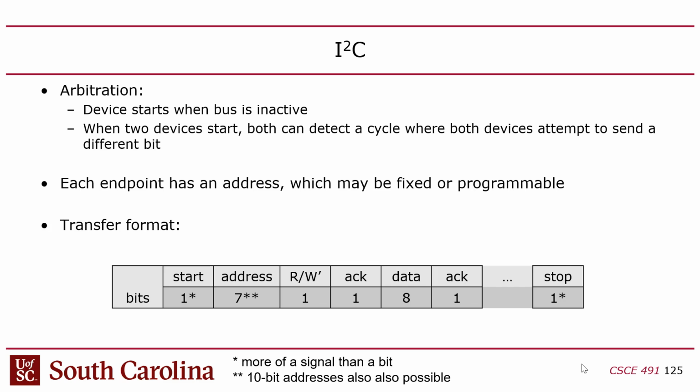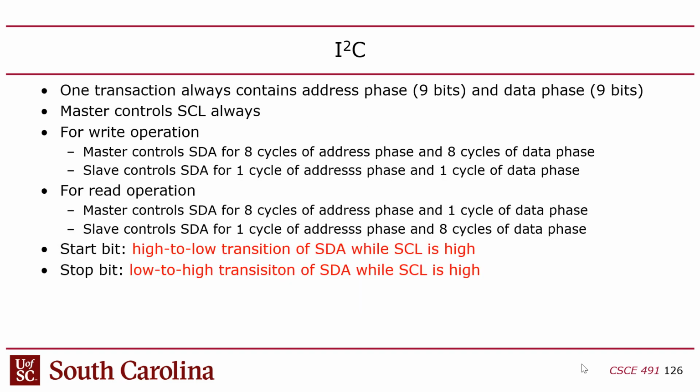Now it's not a really hard handoff process because, as I mentioned, it's using this open drain interface, which means someone else taking control is as simple as me just reading the value as opposed to sending a value on it, right? There's nothing really you have to do in order to hand off control.